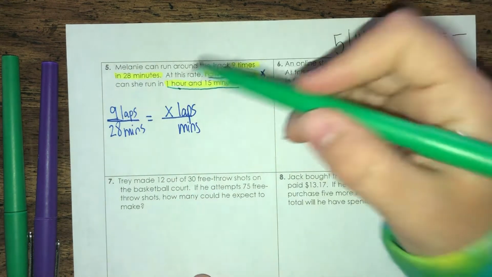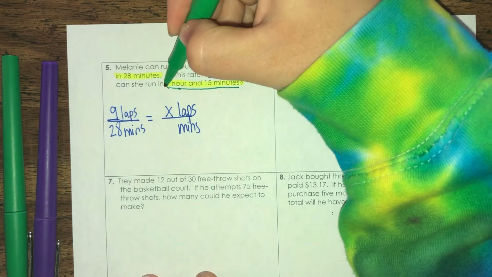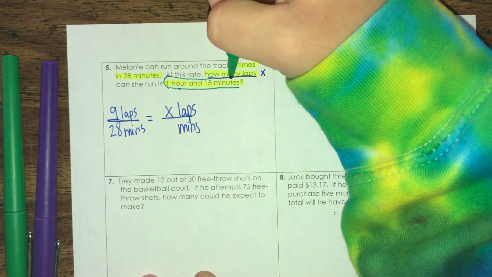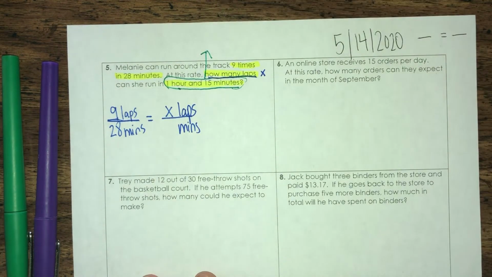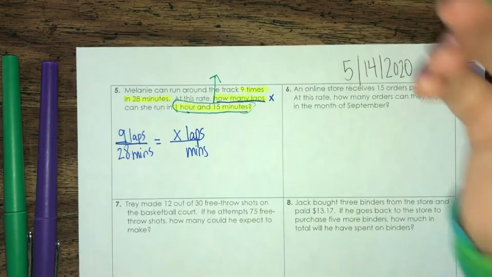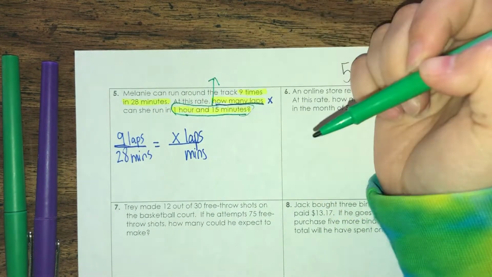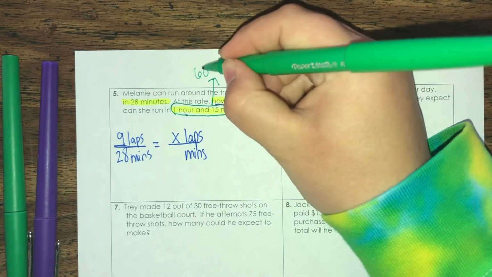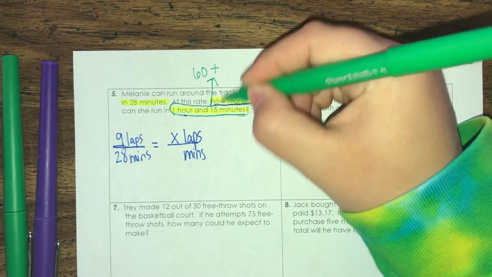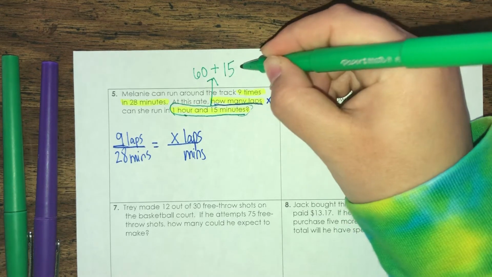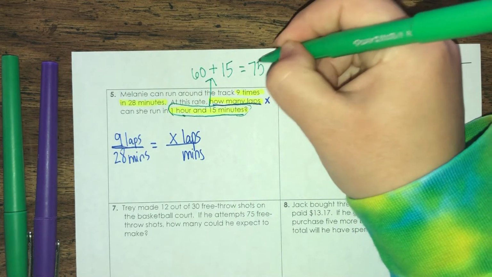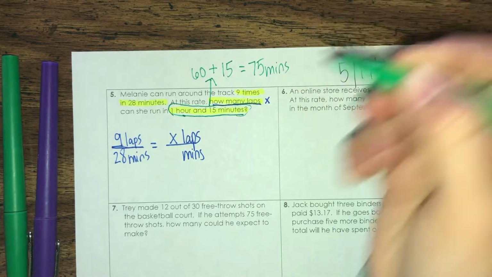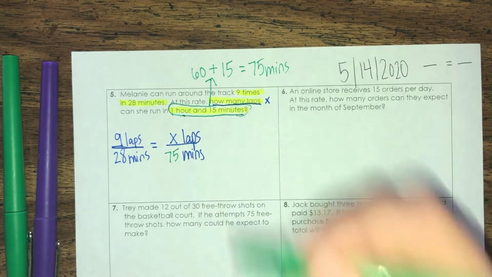So in order for us to know what value goes here, we need to change 1 hour and 15 minutes to just representing minutes. So if I know 1 hour has 60 minutes and this also has 15 extra minutes, how many total minutes are we looking at? 75. So we will put 75 in there.